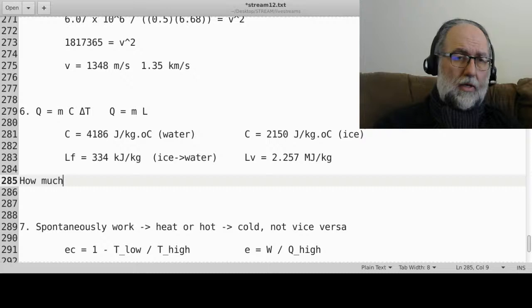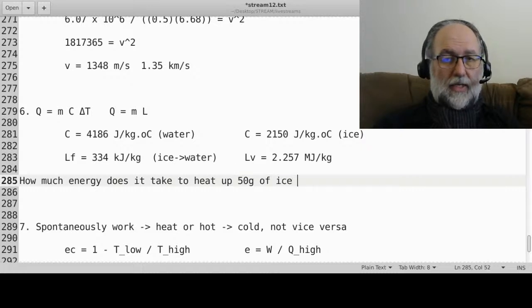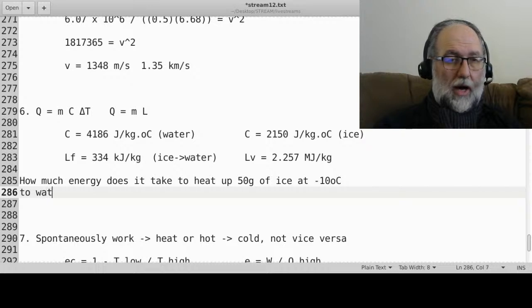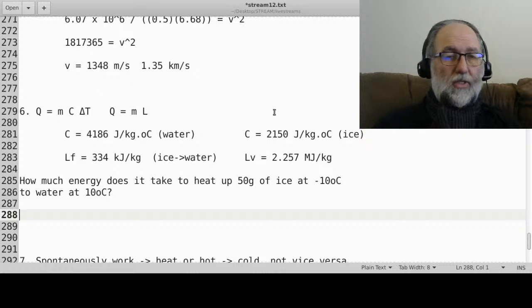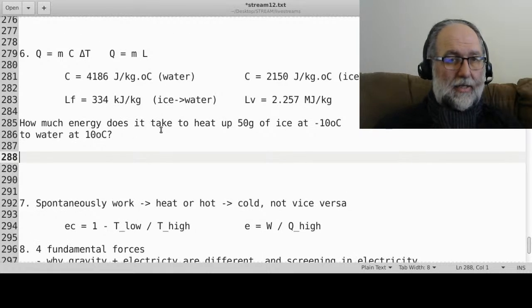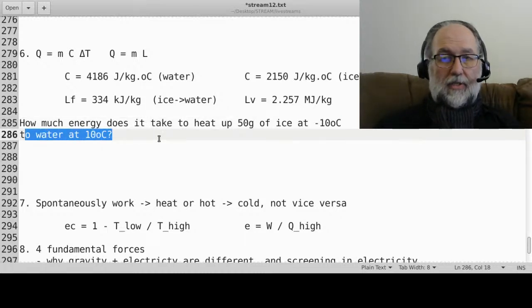How much energy does it take to heat up, let's say, 50 grams of ice at negative 10 degrees Celsius to water at 10 degrees Celsius? So we're going to start with 50 grams of ice at negative 10, and we want to get to water at 10 degrees Celsius.